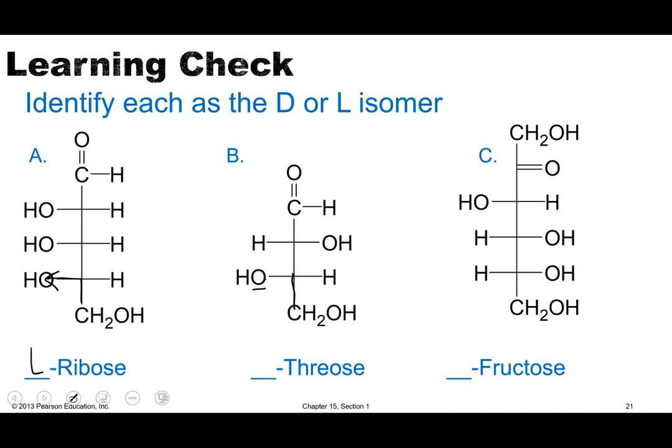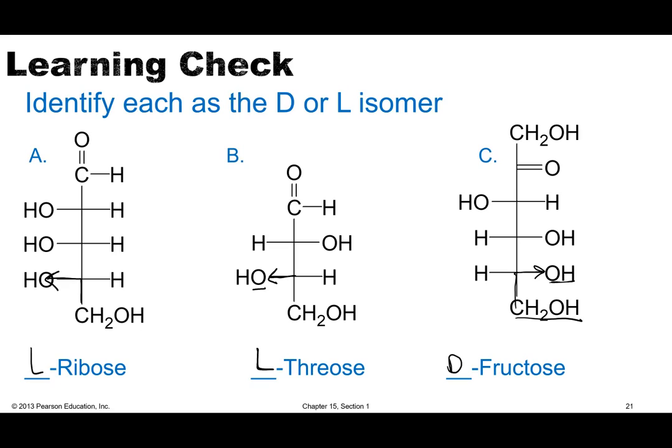We're going to find the hydroxyl group, and we see that the hydroxyl group, again, is on the left. The L makes sense. So left, or L for left. And then for this fructose, we start at the base, the seat. We find that first hydroxyl group, and this one we see is on the right. And when it's on the right, that's the active form, so we give it a D.